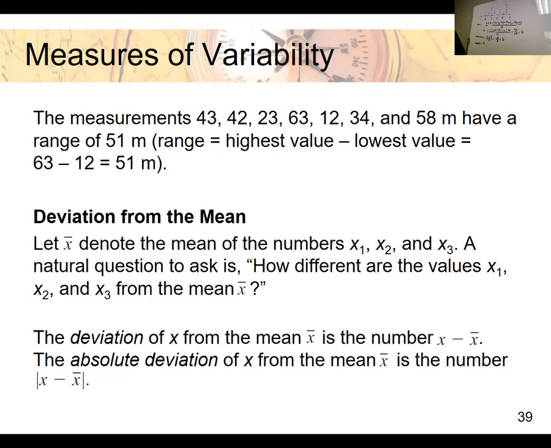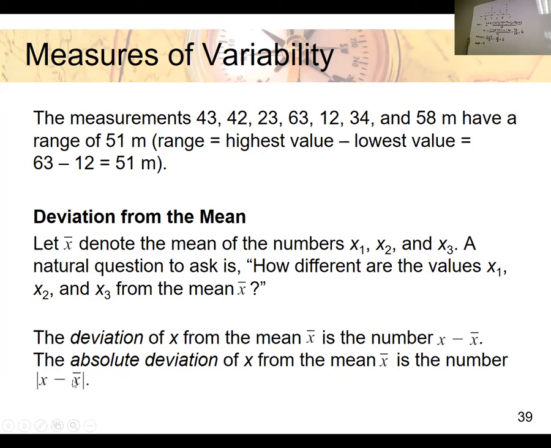Now the deviation of x from the mean, which is of course notated by x bar, is that number x minus x bar. Okay, you just take each individual data value, subtract from it whatever the mean is. That would give you what they call the deviation. Now the absolute deviation is going to be this.